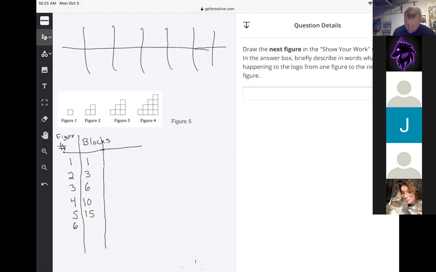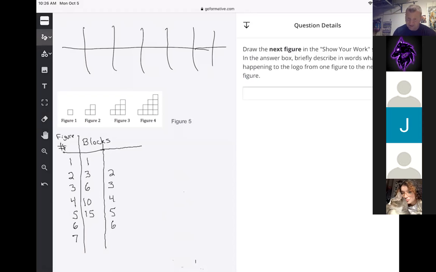Like, well, 10 to 15 would be plus 5, and then it's plus 6, plus 7, plus 8, plus 9. Oh, okay. So figure 7. Wait, that's wrong. Don't write what I have on there. So I think what you're saying is that this one added 2, this one added 3, 4, 5, 6, like that.